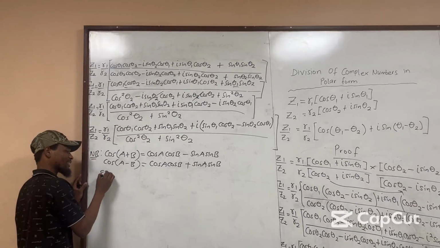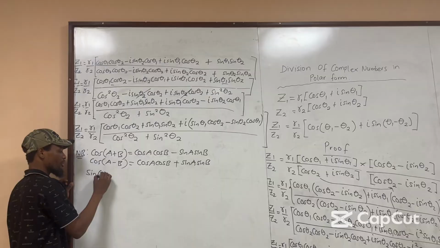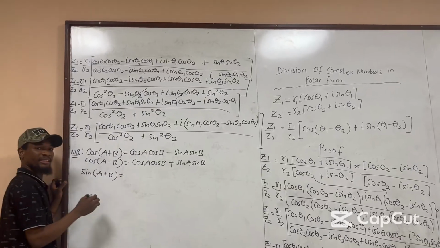Again, for sin they have A plus B. This is the same as we have.